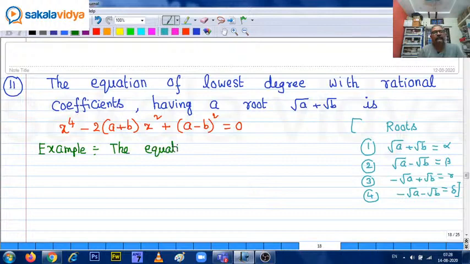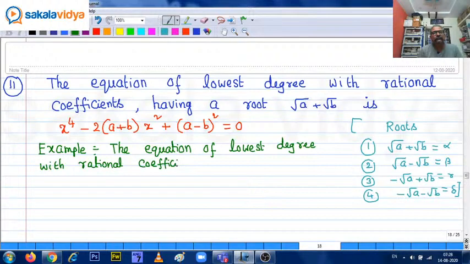The equation of lowest degree with rational coefficients having a root root 5 plus root 3 is.